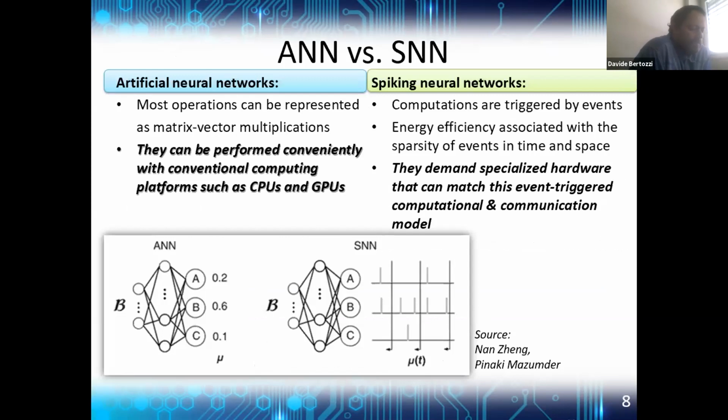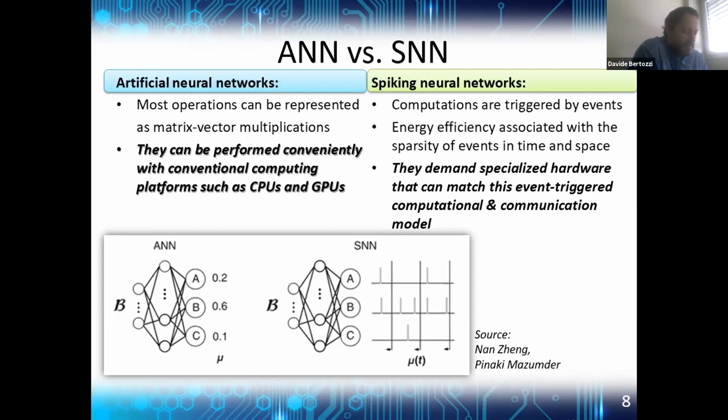Spiking neural networks are different from artificial neural networks, and they are a step forward toward mimicking more closely the computing concepts of the brain. In a spiking neural network, computations are triggered by events. That is, computations take place only when spikes, when voltage pulses occur. Such an event-driven computational model has the advantage of being energy efficient, if you think about it, because spikes in a neural network, as you can see in this picture, are typically sparse, both in time and in space.